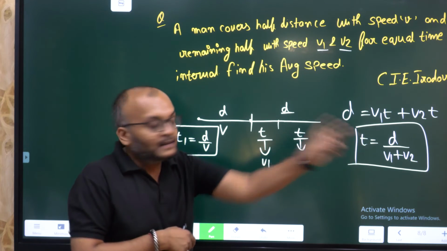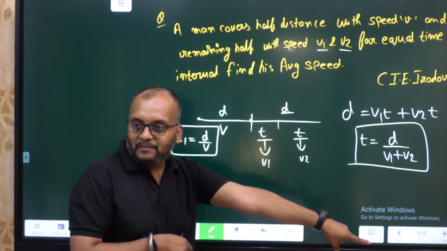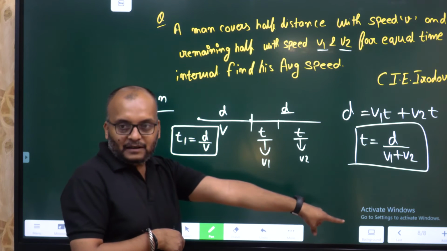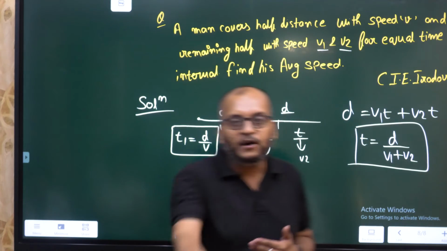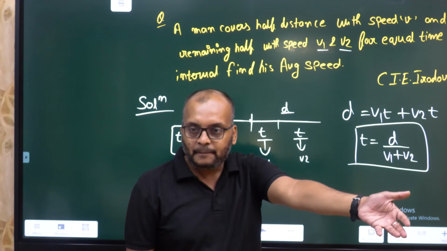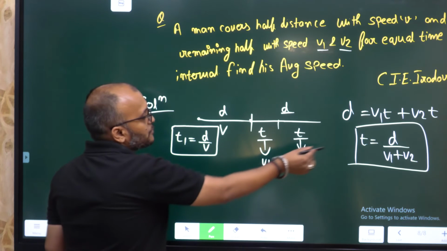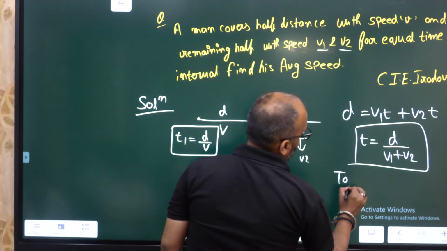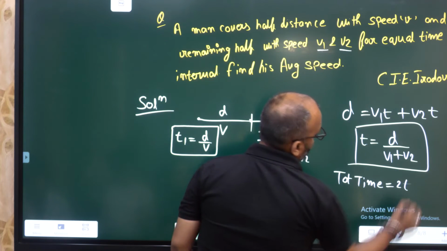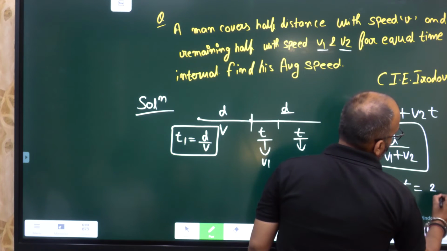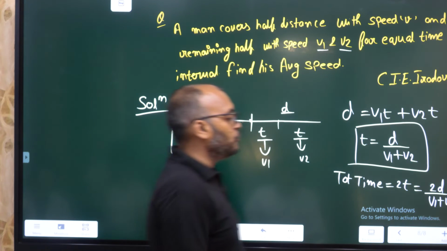Then distance d is covered. भाई 5 मिनट चला, 2.5 मिनट चला, फिर 2.5 मिनट. He moved for 2.5 minutes, then 2.5 minutes, so actually he is moving for 5 minutes. So for this half of the distance, total time will be 2t, which will be 2d upon V1 plus V2. Is this point clear or not?